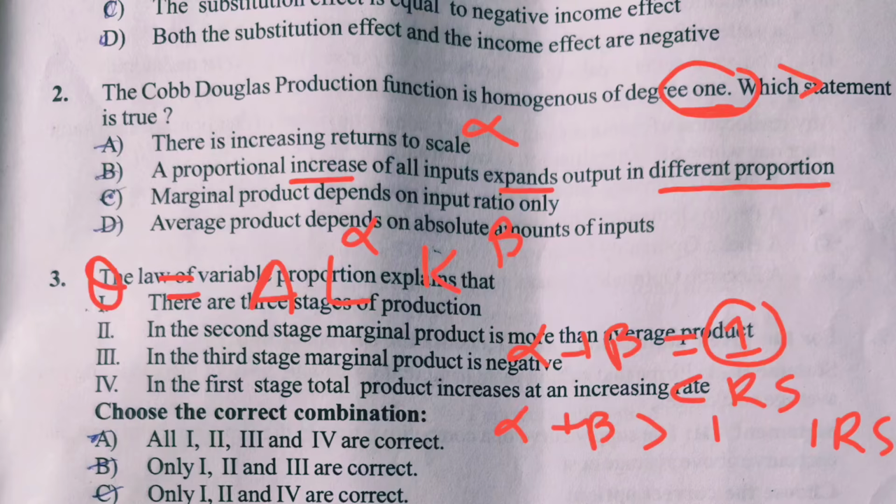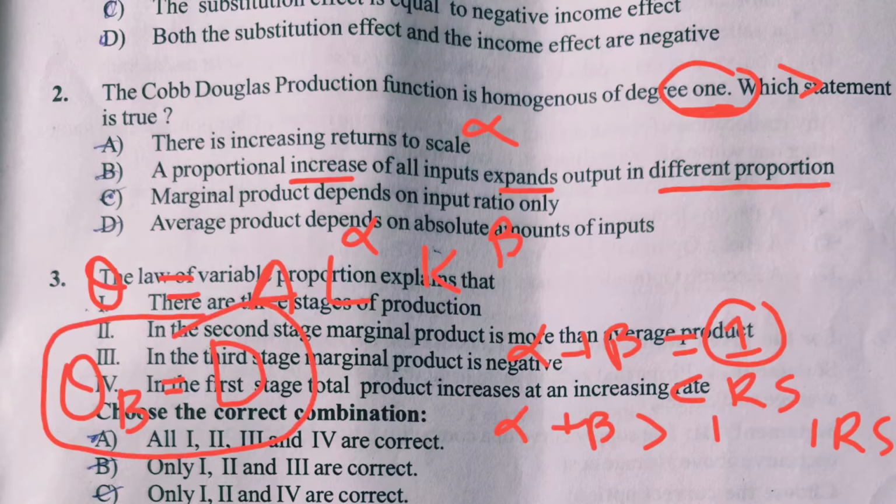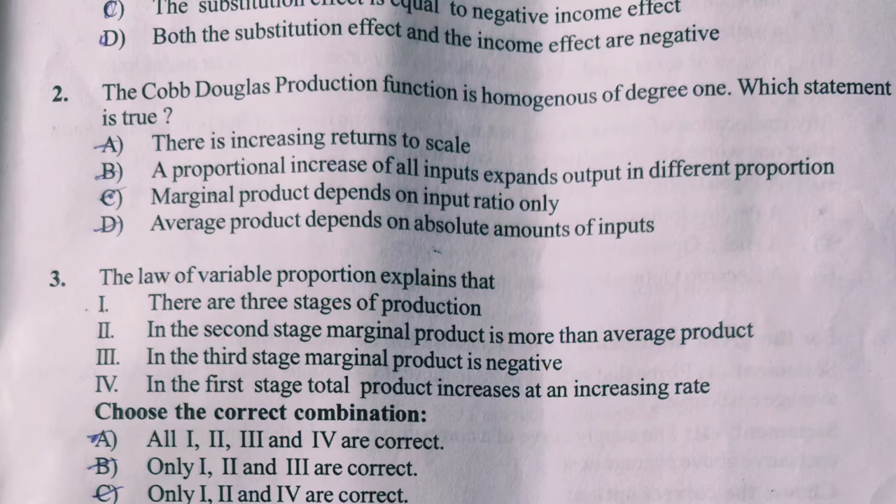That means if inputs are doubled, output will also get doubled, because it is homogeneous of degree 1. Doubling the input will double the output and it will not change in different proportions. So option B is also incorrect.